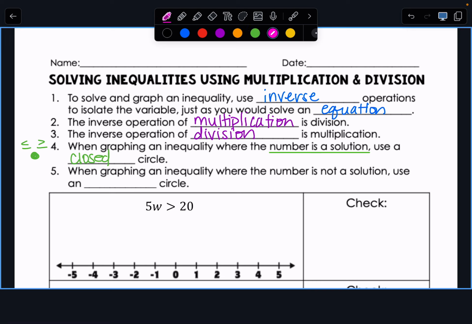But if our number is not a solution, we have an open circle like this. Okay. We know all of that. Now we just have to put it all together.